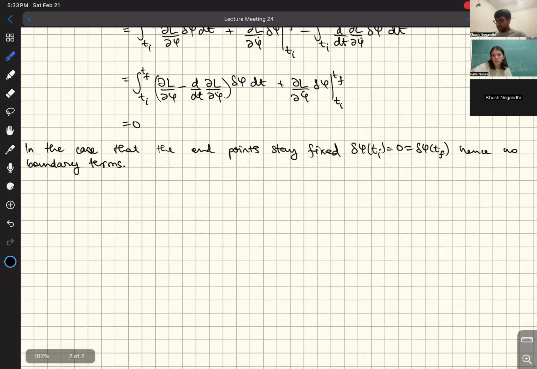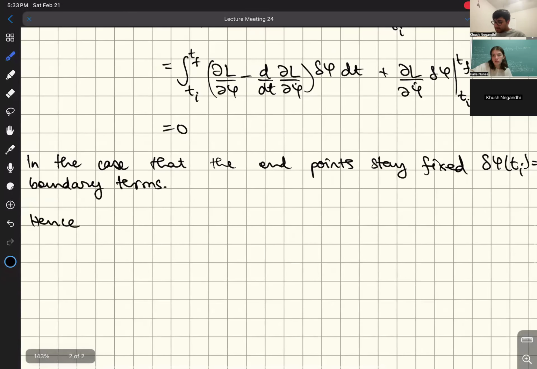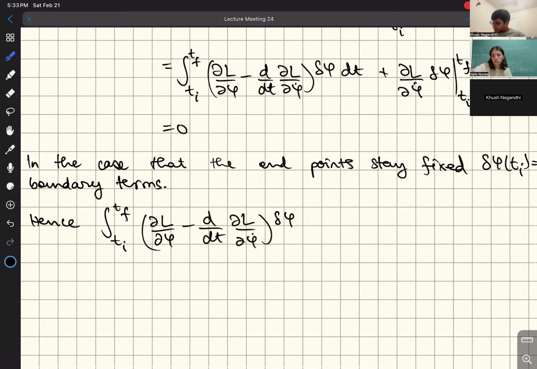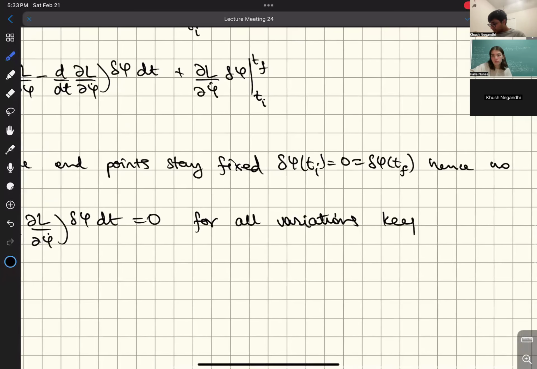Okay. So there are no boundary terms, hence the integral of partial L partial phi minus d by dt partial L partial phi dot, dt equals zero for all variations keeping endpoints fixed.